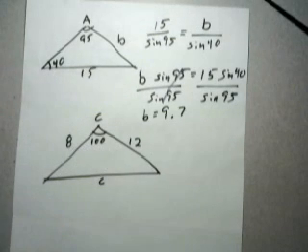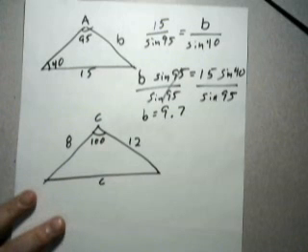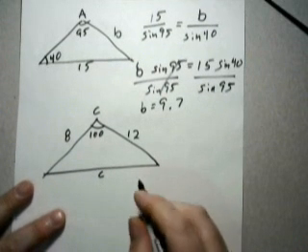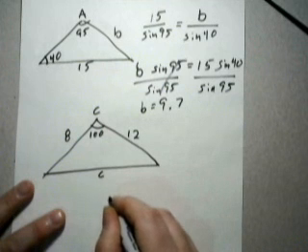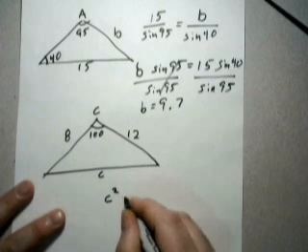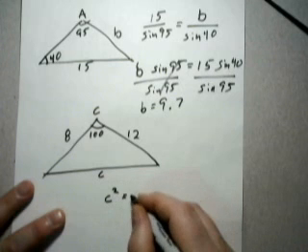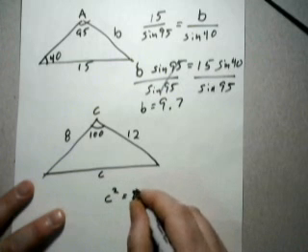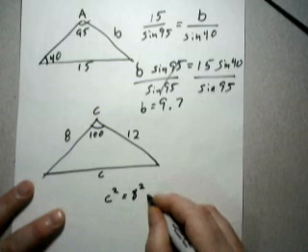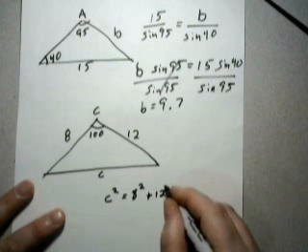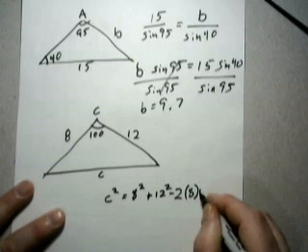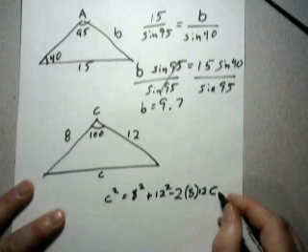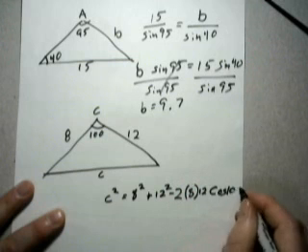So this time we need to use the law of cosines. And the law of cosines states that we're going to have C squared is equal to 8 squared plus 12 squared minus 2 times 8 times 12 times the cosine of 100.